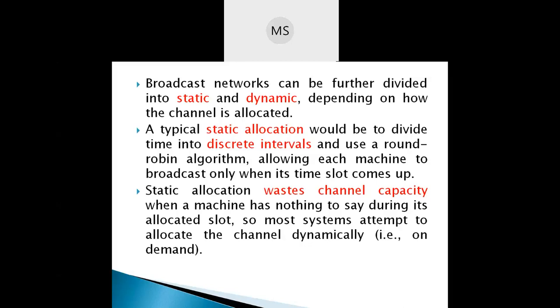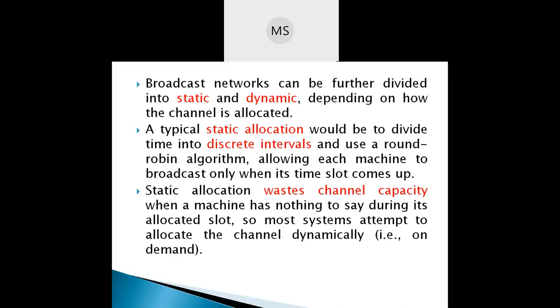Broadcasting networks are further divided into two types, static and dynamic, depending on how the channel is allocated. Earlier we saw that broadcasting networks and point-to-point networks exist. The broadcasting networks are further classified as static and dynamic.